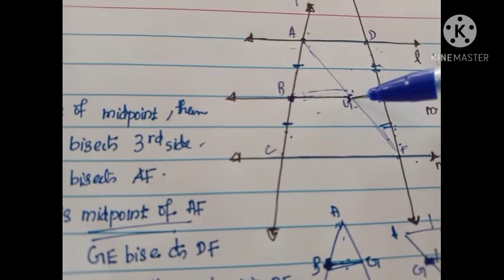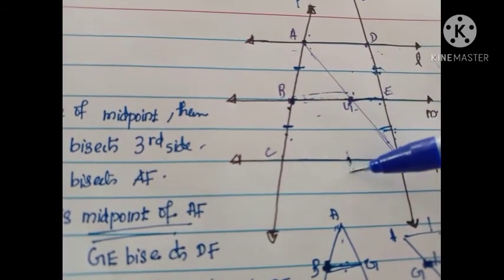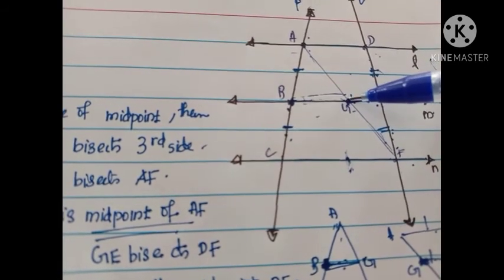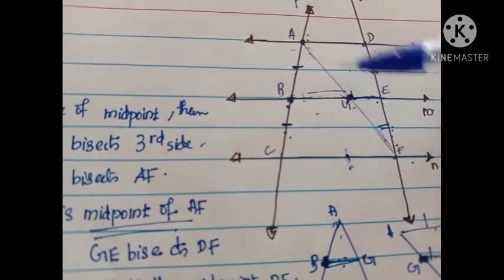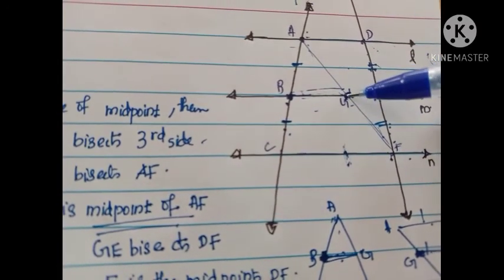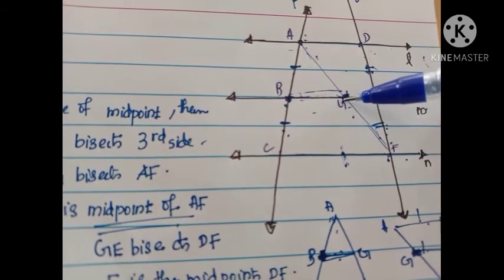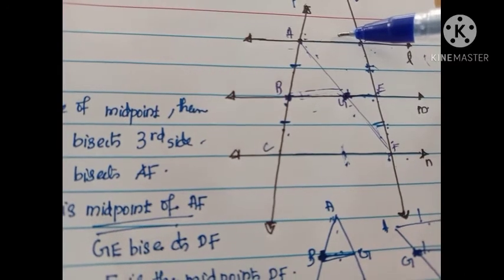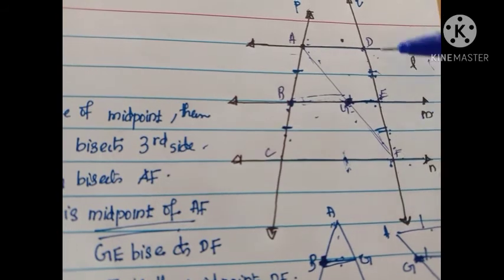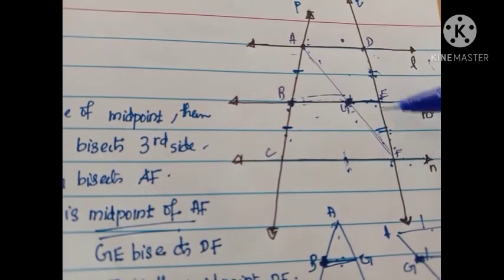So BG is a line passing through this midpoint and also parallel to this side, and therefore BG bisects the third side, or G is the midpoint of AF. Now since G is the midpoint of AF, the GE line is a line passing through this midpoint and also parallel to AD. Therefore, the GE line bisects the third side. What is the third side? DF. So DE is equal to EF.